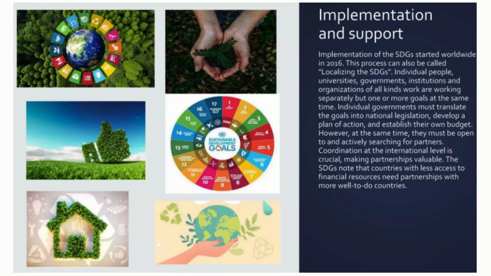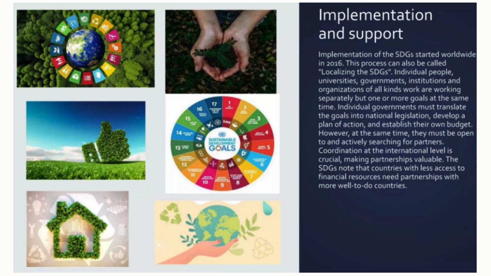So, looking at these diagrams, we can see that we need to save Mother Earth. Implementation and support: implementation of the SDGs started worldwide in 2016. This process can also be called localizing the SDGs. Individual people, universities, governments, institutions, and organizations of all kinds are working separately but on one or more goals at the same time.